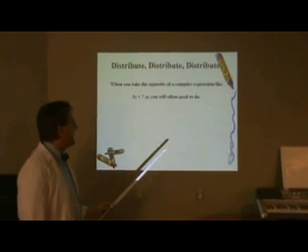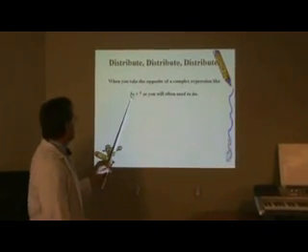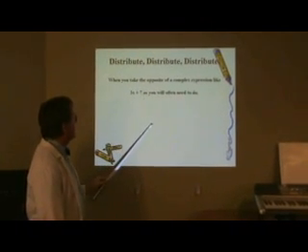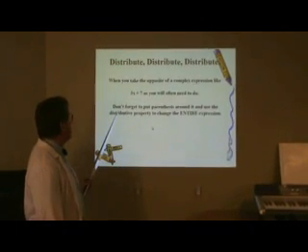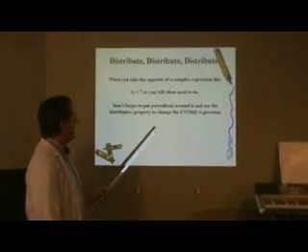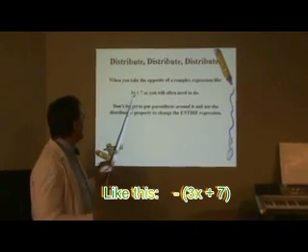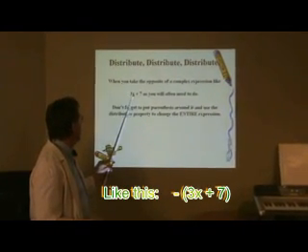What do I mean by that, in case you're not familiar? Well, when we take the opposite of a complex expression like 3x plus 7, we need to put parentheses around the entire thing and remind ourselves that we are taking the opposite of the entire thing, not just 3x.